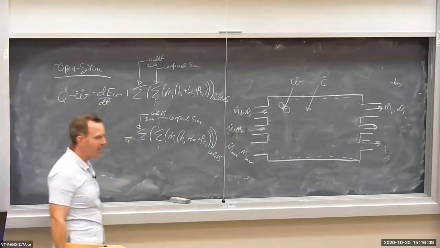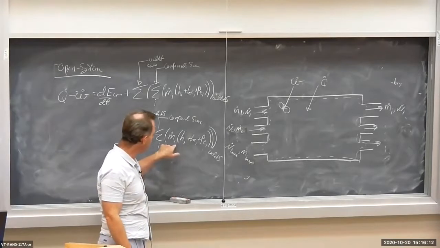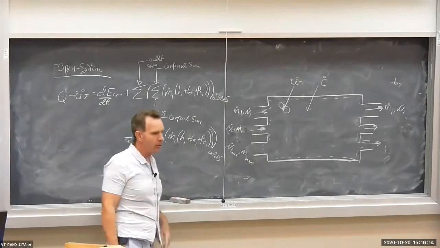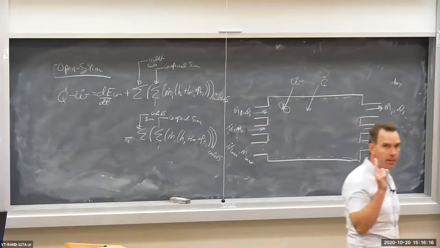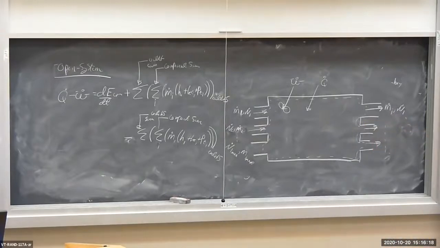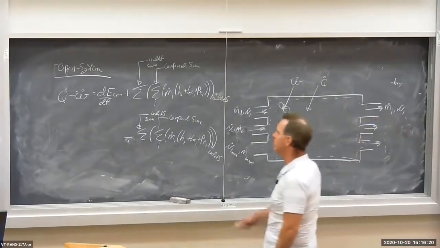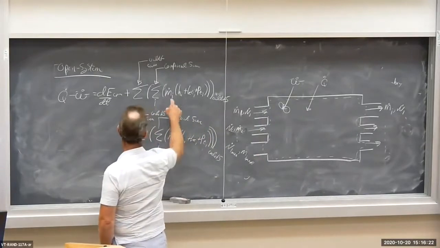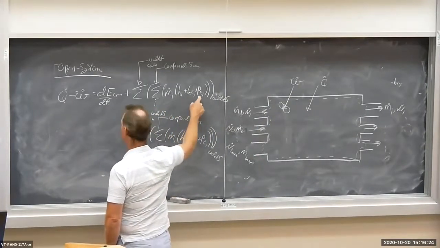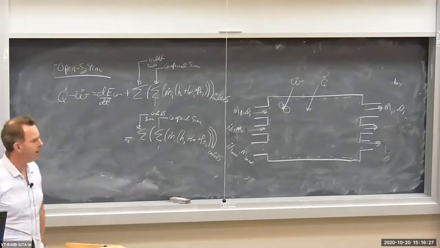If we had one chemical species, one component, this second summation would go away and I would revert back to the sum over all outlets of M dot, H plus KE plus PE. That's what I would have, okay?